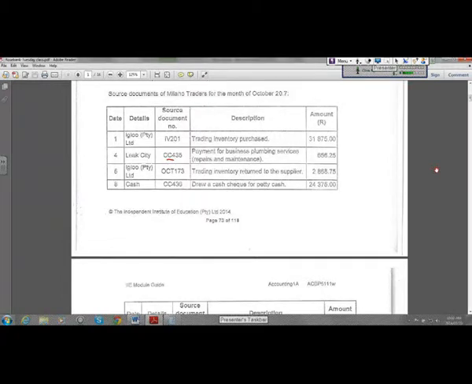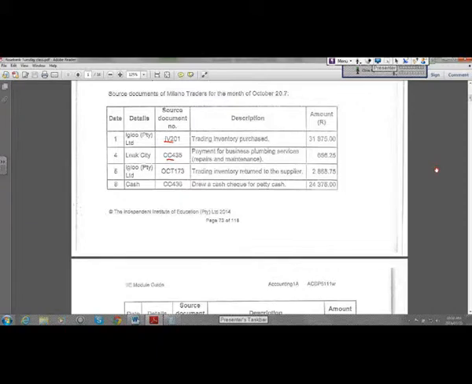We have purchased inventory, and the source document we got here is invoice. So what it means is we have bought inventory on credit. All right, so going back to our subsidiary journals, where will we put this?